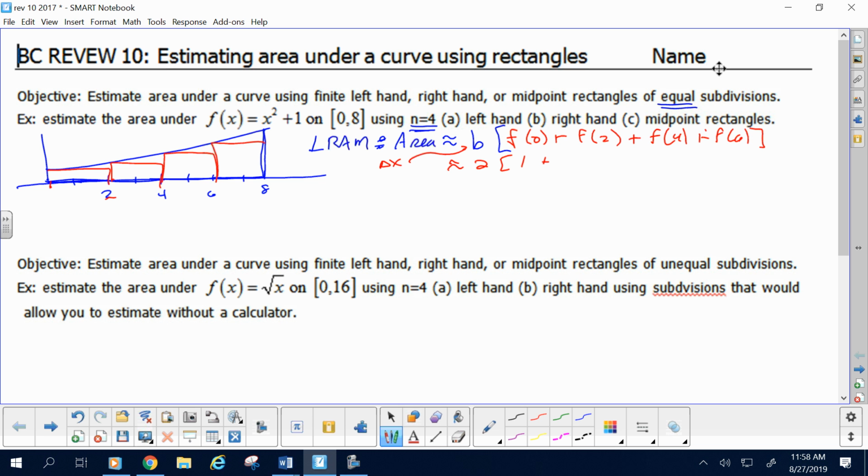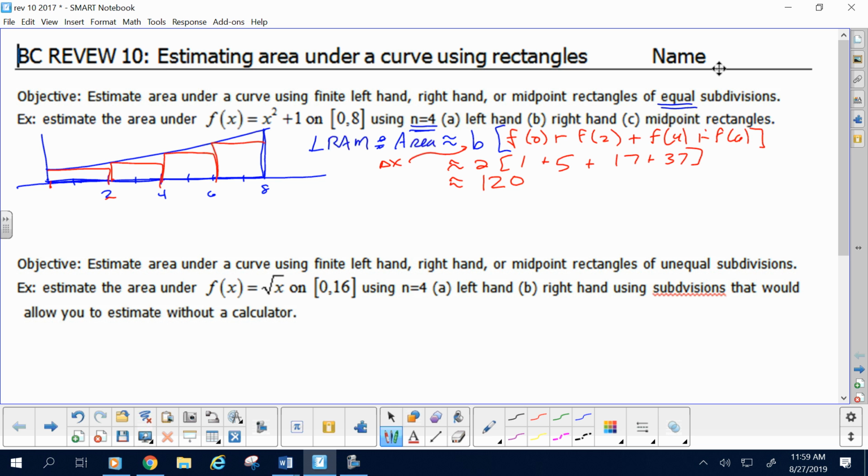What's f at 2, did you say? What's f at 4? And f at 6. 37. So my estimate of the area is 120 is what I'm doing? Yes. Can I get a yes on 120?